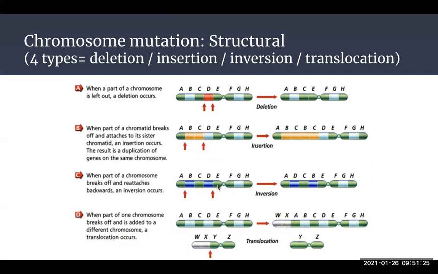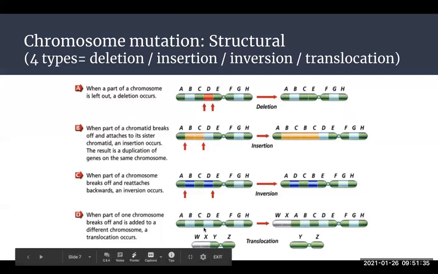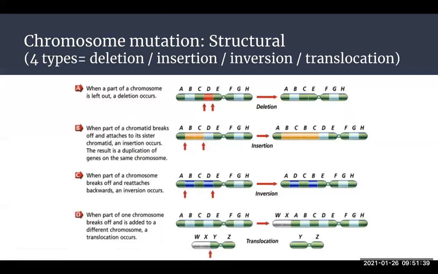And then you can have inversion, where you swap the order of two sections in a chromosome. Or you can have a translocation. So for example, a section of this chromosome is moved to a different chromosome. So these are the four different types of chromosome mutation.